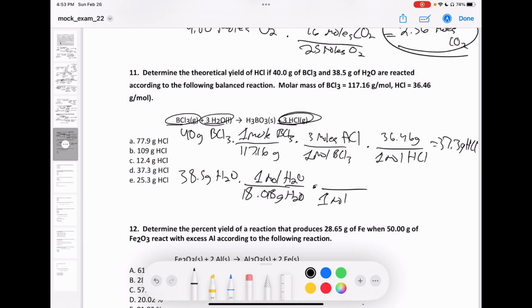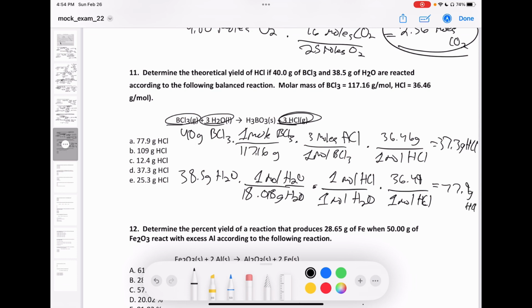It's 1 mole H2O for 1 mole HCl, and then again multiply by the molar mass to get grams. And that's going to be 38.5 times 36.46 divided by 18.015, which is about 77.9 grams HCl.